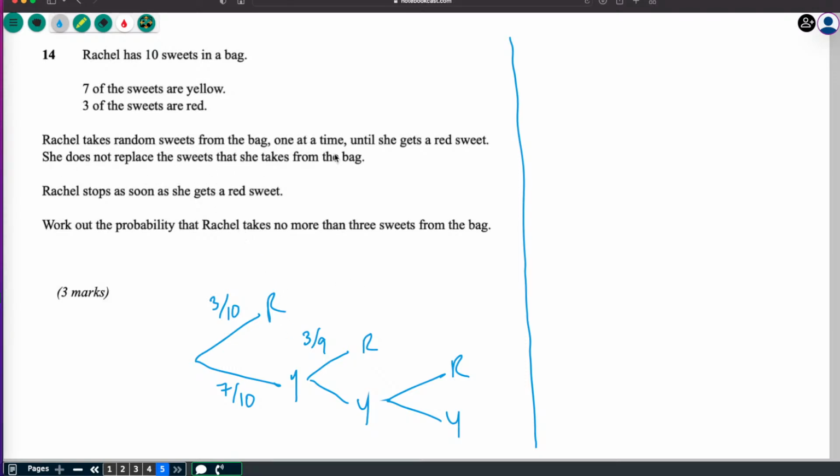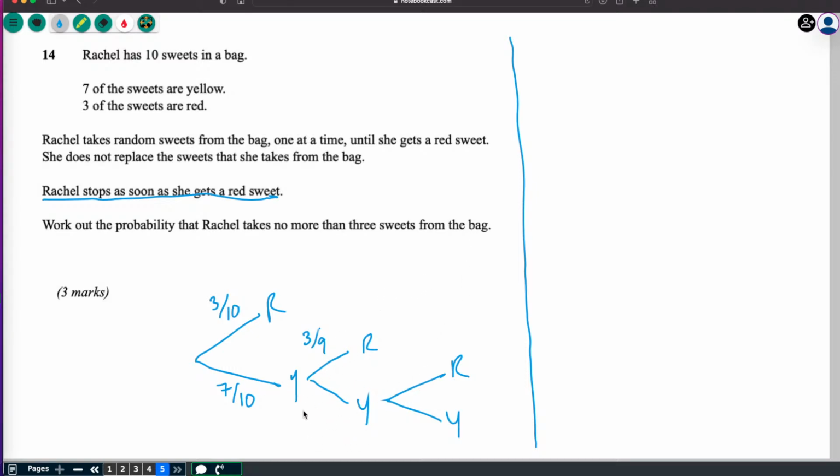So when it says she stops as soon as she gets a red sweet, there's no more continuations after that. She's picked a red sweet on the first pick. There's not going to be any more picking. Okay? So you can have these weird tree diagrams where they're kind of asymmetrical. That's totally fine as long as you're following the rules of the question. It can look that way sometimes.